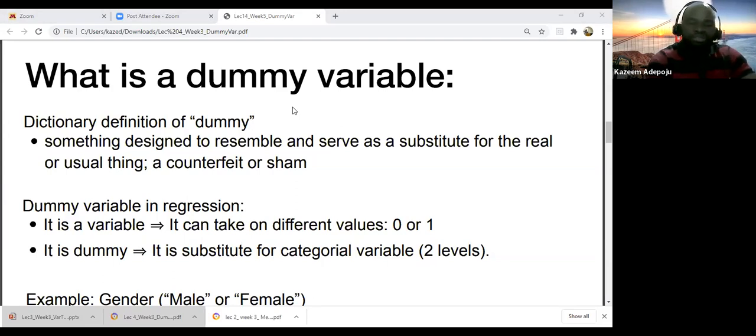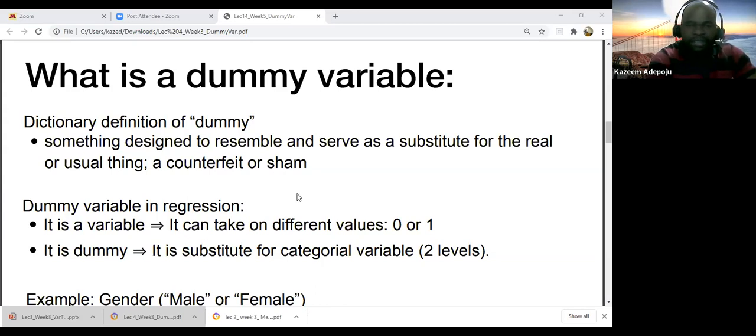Okay, and that was the reason why I said it's a variable that can take on different values, 0 or 1. So the 0 or 1 that we're trying to talk about here is more or less like a binomial. Okay, I got two levels of categories.